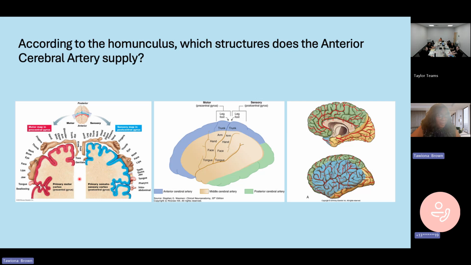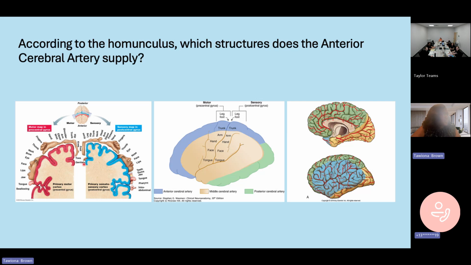If you look here, this is where the ACA is going to supply blood. Remember, it's going to be more along the medial aspect in between the hemispheres, frontal and parietal lobe. So look here where you see this little foot, you see a knee, you see a hind part right here, and then the trunk along the superior aspect.